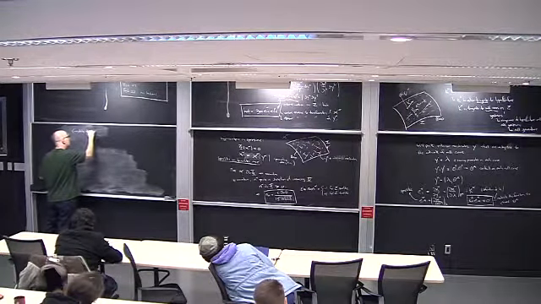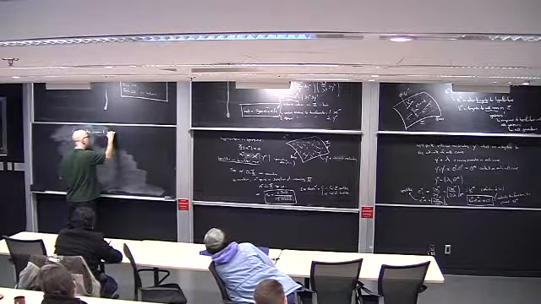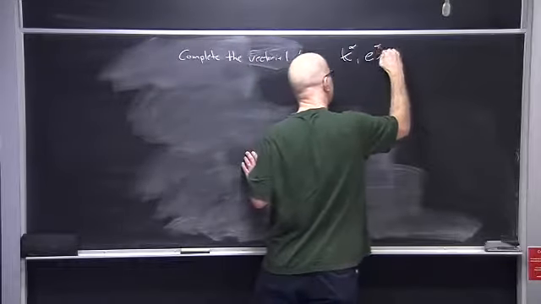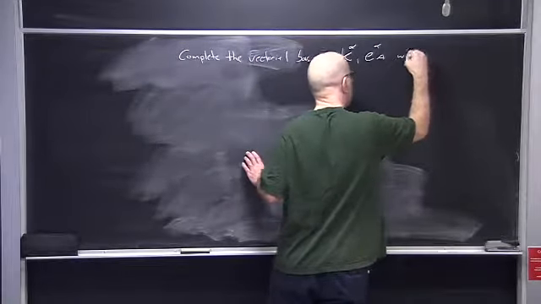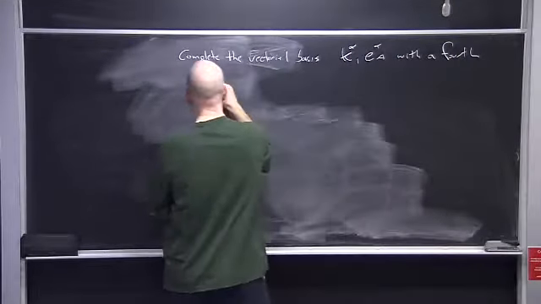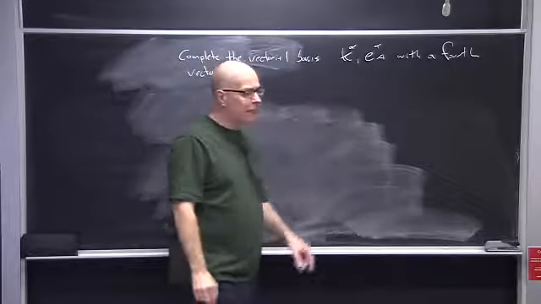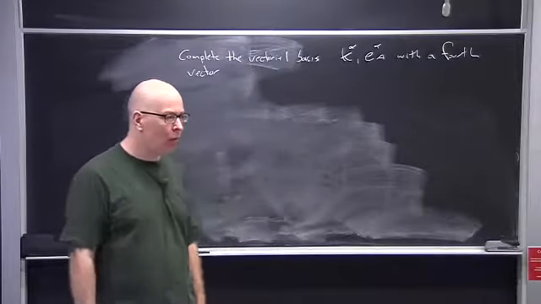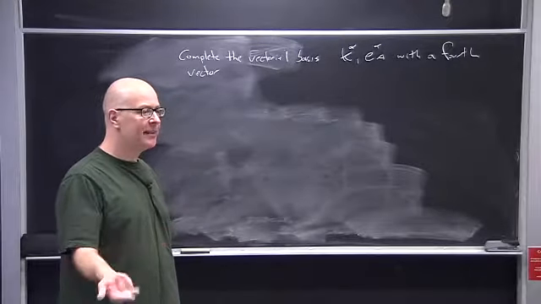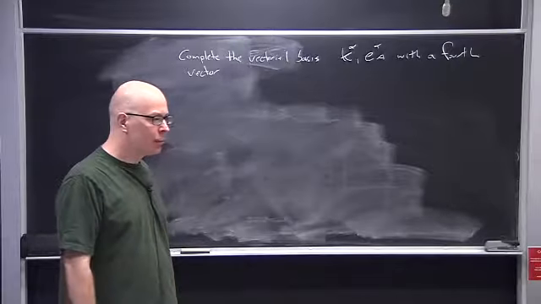the vectorial basis, which so far involves only k and 2 space-like vectors, with a fourth vector. And here we have some choice. But because we're already given a null vector in this whole business, I find it convenient to pick the fourth vector to be a second null vector that's going to have the same properties that we've encountered before.